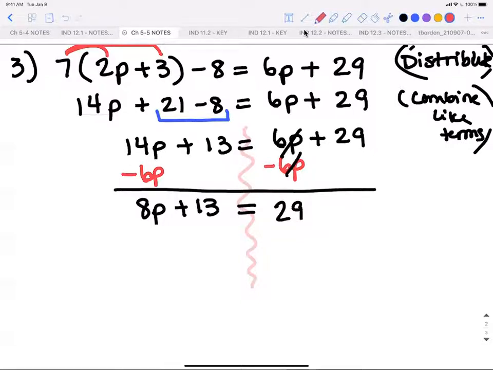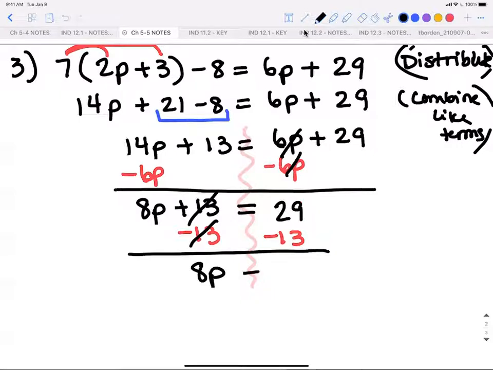Then I want to look to where I need to move my numbers. I moved all my variables to the left, so I'm going to move all my numbers to the right. So minus 13 and minus 13. And when I simplify this, the 13 and the negative 13 are gone. So all that's left on the left is 8p. My equal sign is still centered, and 29 minus 13 is 16.